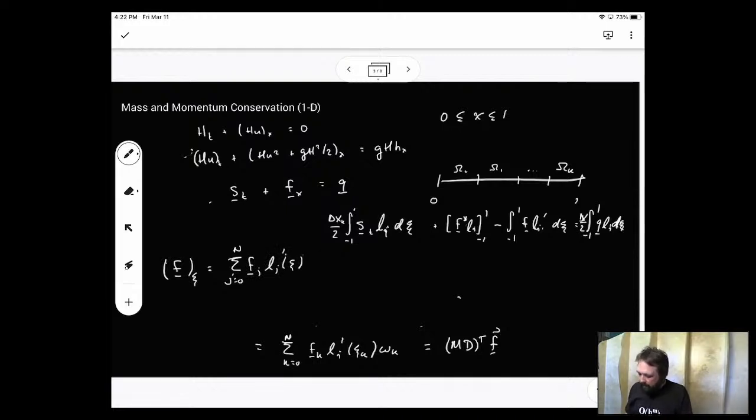If I evaluate that at each of the points ξ_i, then for row i, column j, this is where we would write this as a derivative matrix multiplied by a vector of those flux points. And so when we put it in the weak form, what we end up getting is this mass matrix multiplied by the derivative transpose.